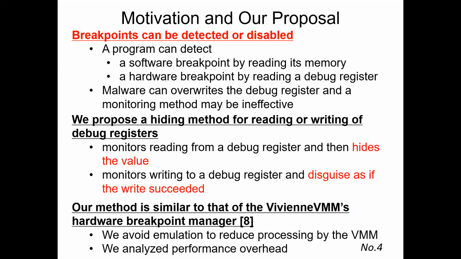A program can detect a software breakpoint by reading its memory. A program can also detect a hardware breakpoint by reading a debug register. In addition, malware can override the debug register, and a monitoring method may be ineffective because the method cannot detect behavior based on the breakpoint.